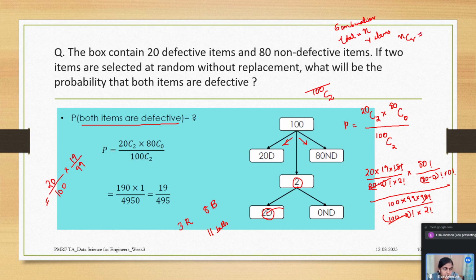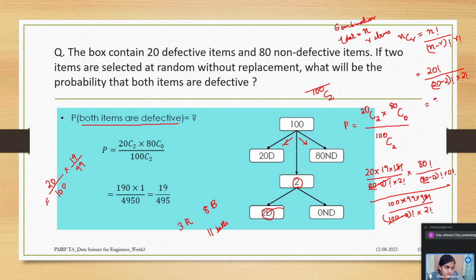NCR means n factorial by n minus r factorial into r factorial. So it will be 20 factorial by 20 minus r, r is 2 here, so 18 factorial into 2 factorial.